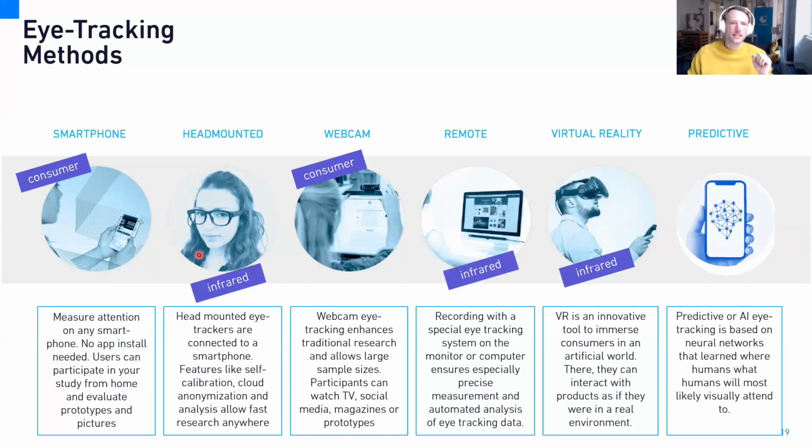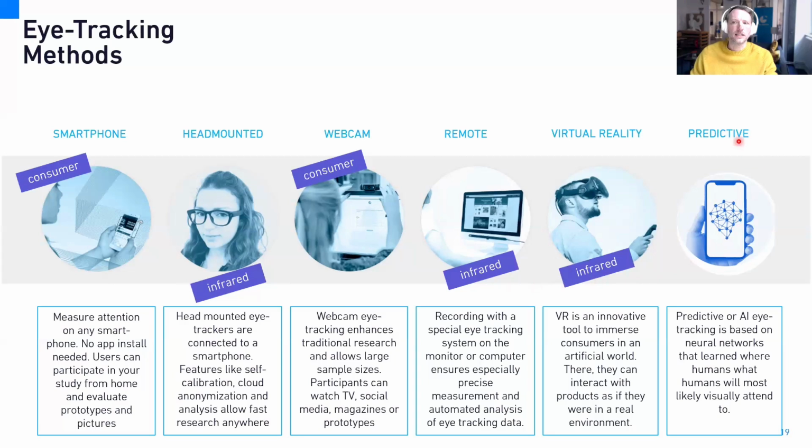In contrast, these consumer hardware eye tracking, webcam or smartphone eye tracking also came in. They changed the field a lot, and they kind of rely on our human eye, that we have the sclera, the white around our pupil in our eye, that enables good quality cameras to see where I'm looking at even without infrared.